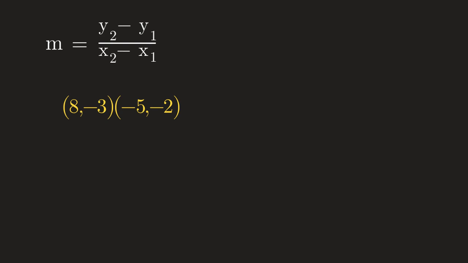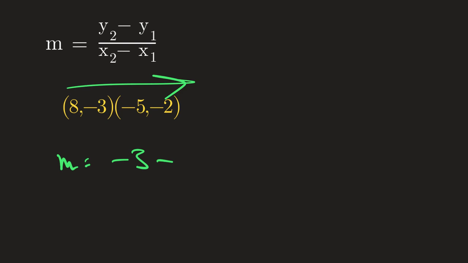Which way do you want to subtract here? Do you want to go left to right or right to left? Left to right. Let's go left to right. What are my two y values? Negative 3 and negative 2. So we're going to go negative 3 minus, guys, when you write that first number, put a minus sign behind it.